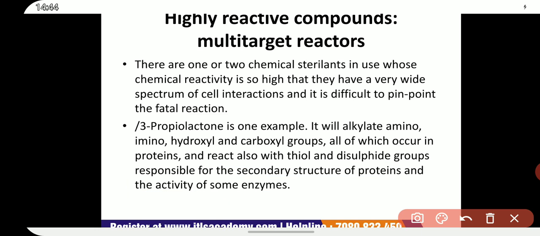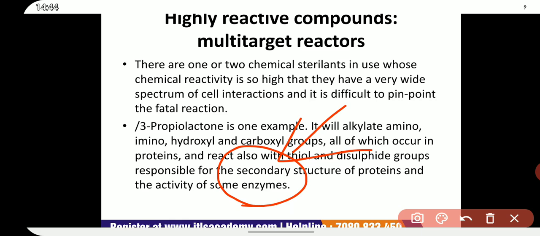These will react with these groups and change their nature, and if there is any change in these groups, there will be change in the protein that is synthesized from these amino acids. So the proper secondary structure of protein will be disrupted and there will be no proper functioning of protein, and also the activity of some enzymes will be affected because as we know most of the enzymes are proteins.